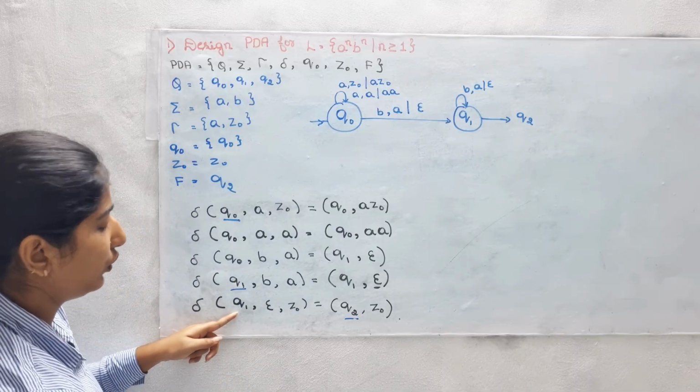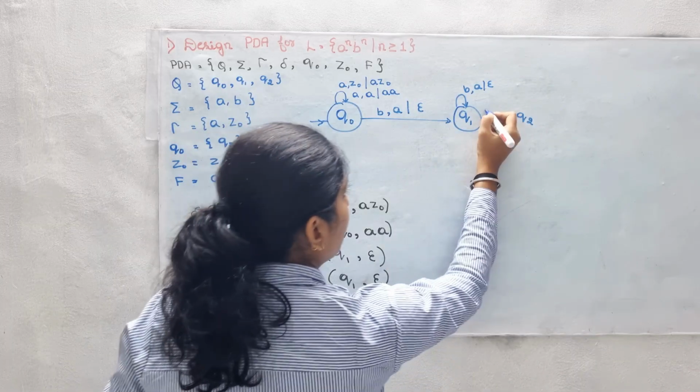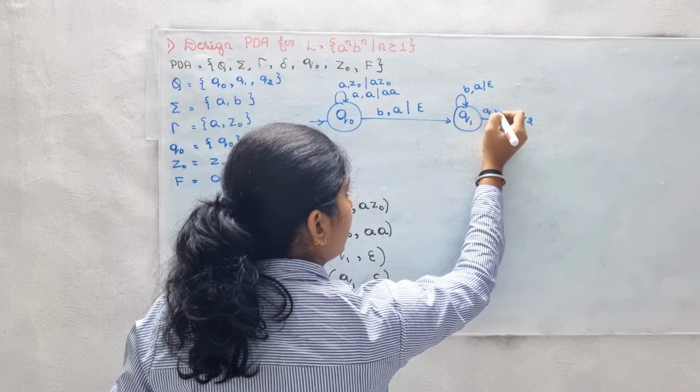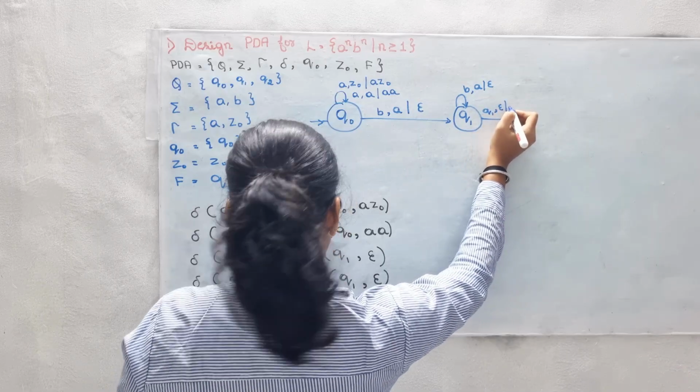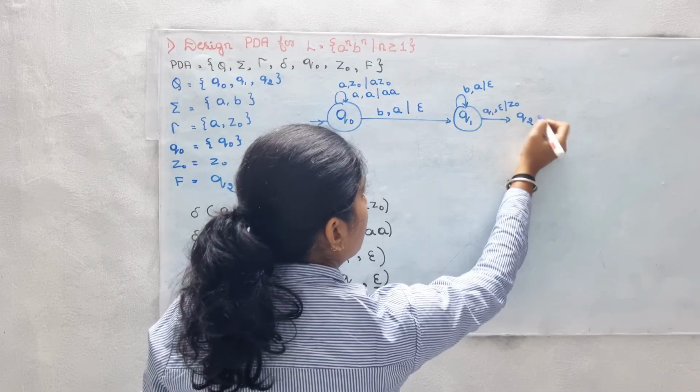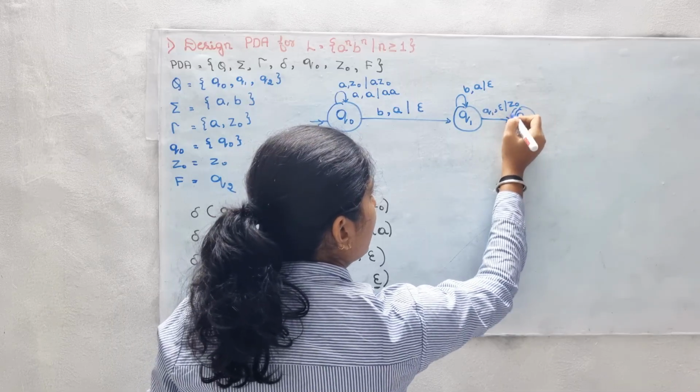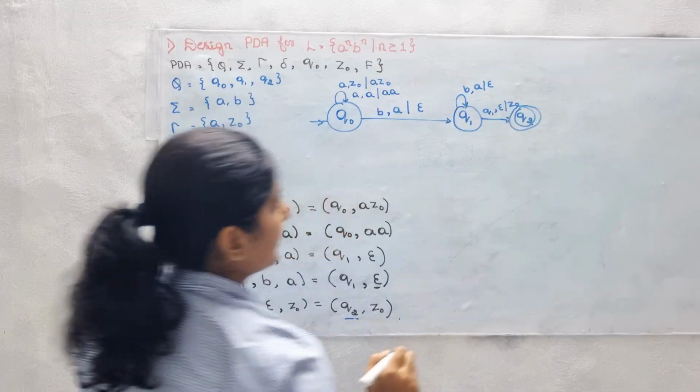Then Q1 on this epsilon will move to Z naught. So that is the final state.